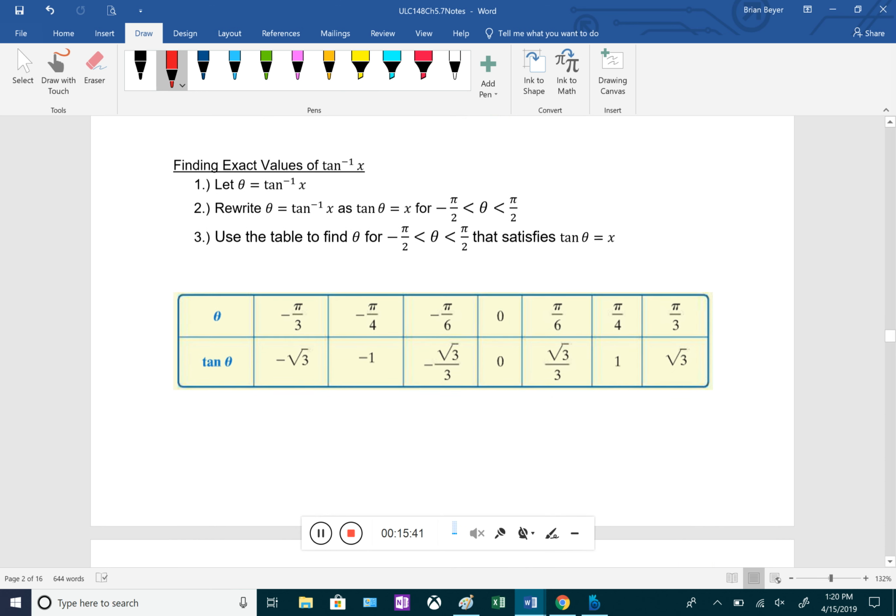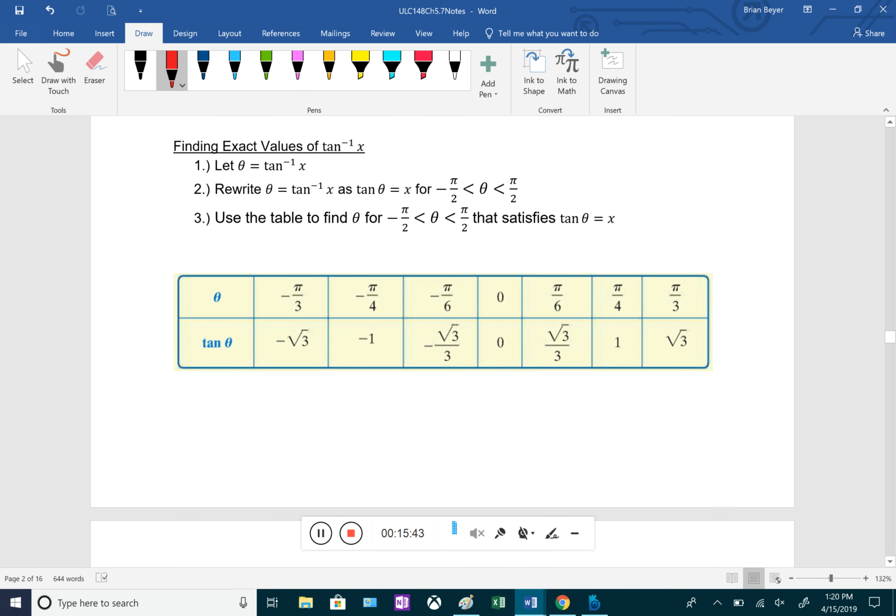Okay, and now for finding the exact values, once again, super repetitive just like the other ones. If we're trying to evaluate tan inverse of x, we're going to let theta equal that. We're going to rewrite it as tangent of theta equals x, and we have to find what theta value makes that statement true, where theta is between negative pi over 2 and pi over 2 for that restricted domain.